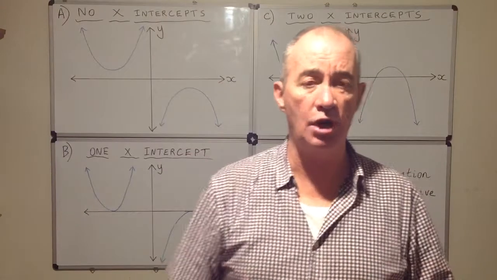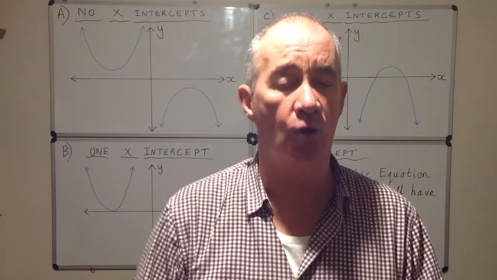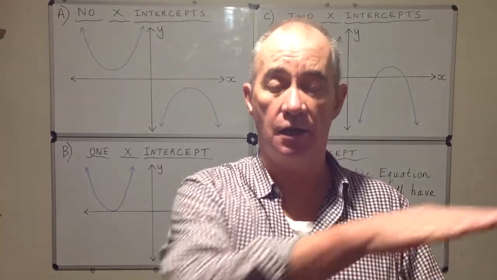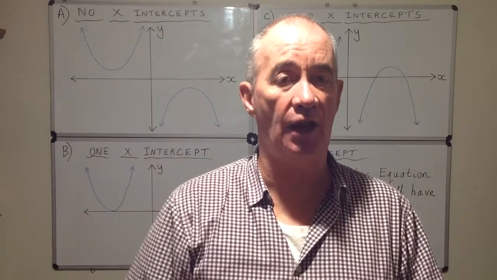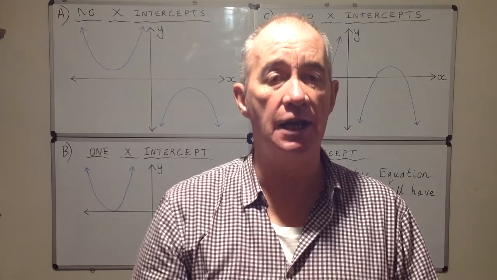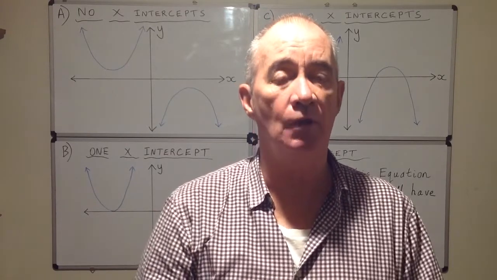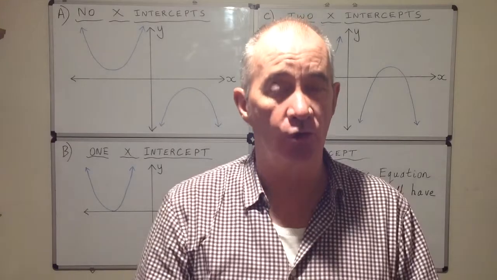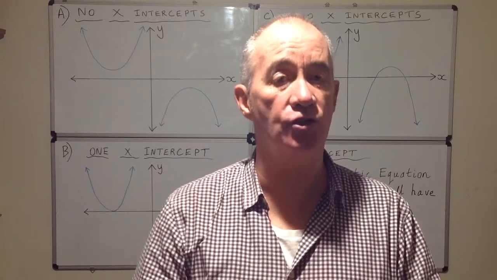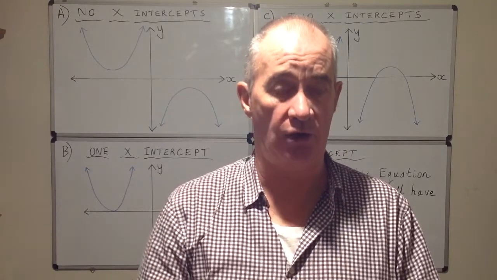Now, when we draw graphs of equations, we draw them on a set of xy axes. The horizontal axis is the x-axis. The vertical axis is the y-axis. Now, what do we mean by the axes intercepts? Well, the x-intercepts for the graph of an equation are the points where the graph cuts through or touches the x-axis or the horizontal axis.